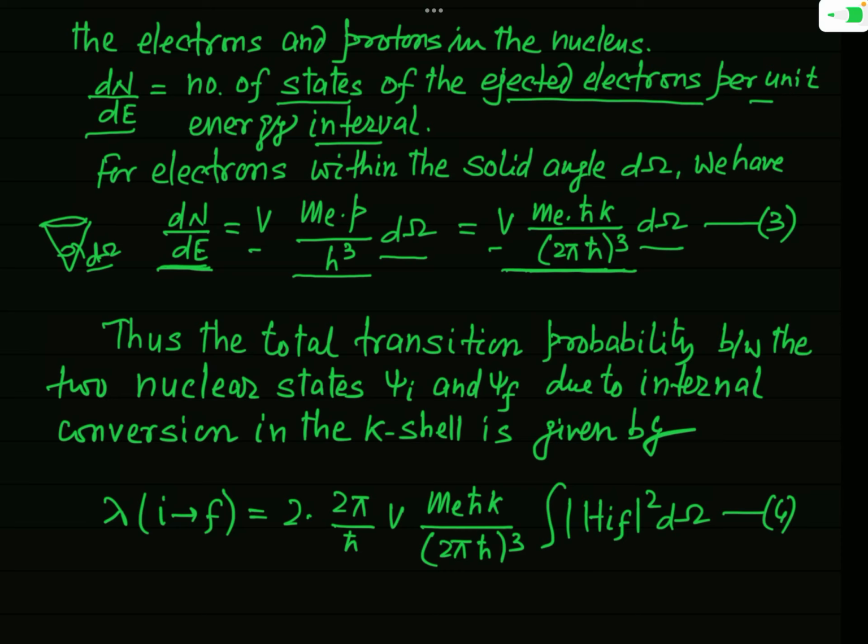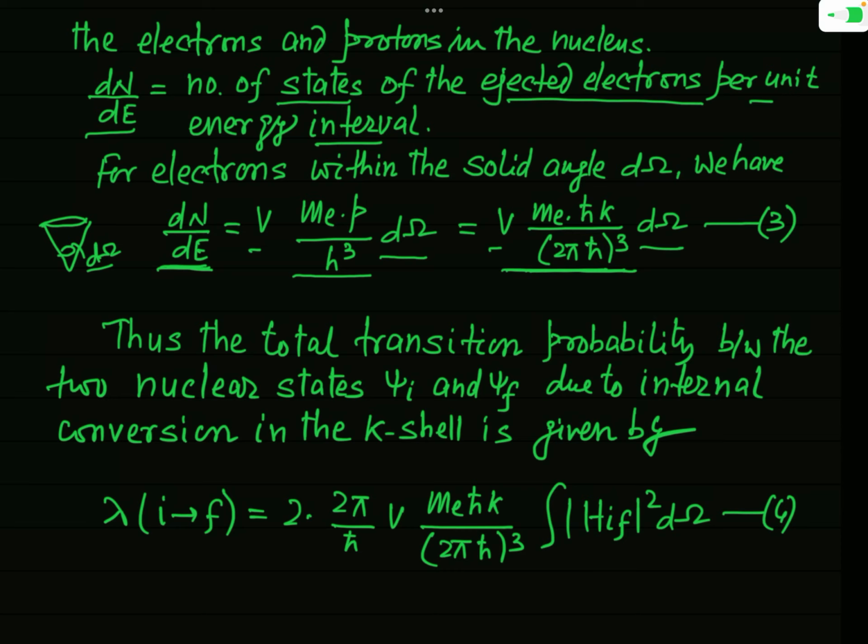But this is just the number of states corresponding to the electron ejected through this solid angle d omega. But electrons are ejected in almost all possible directions. So if you want to find the total transition probability between the two states of our nucleus, state I and state F, then we must consider the total solid angle, that is, you must integrate this result.